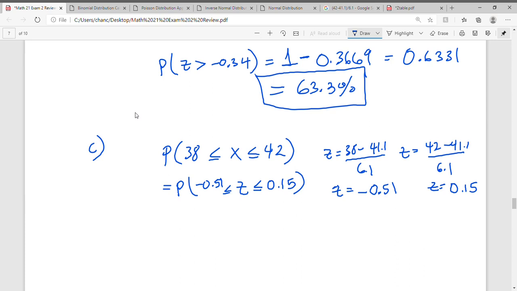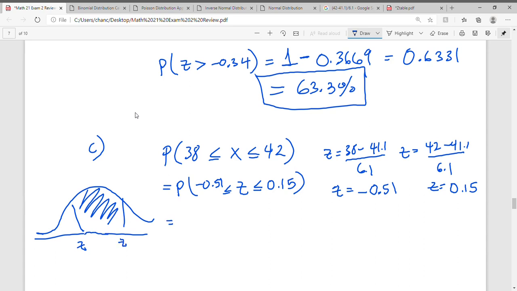Now this is the area between two z-scores. So to find the area between two z-scores, we need to subtract. We'll look for the area to the left of 0.15 first, and then we'll subtract from it the area to the left of negative 0.51 so we can find the area between.